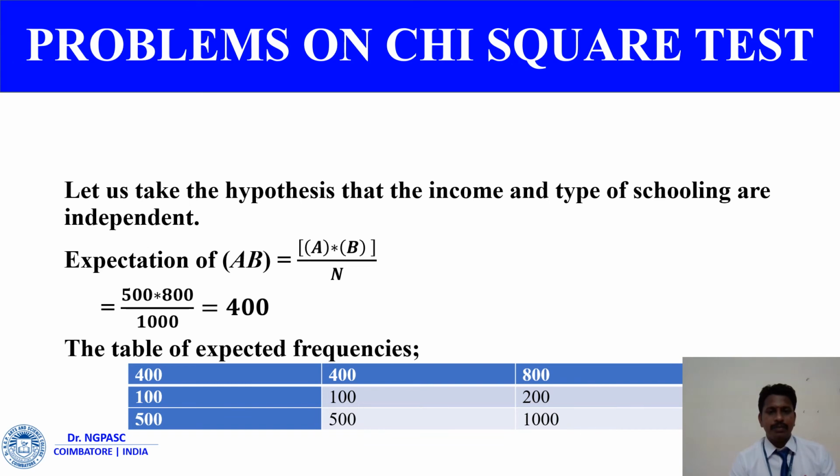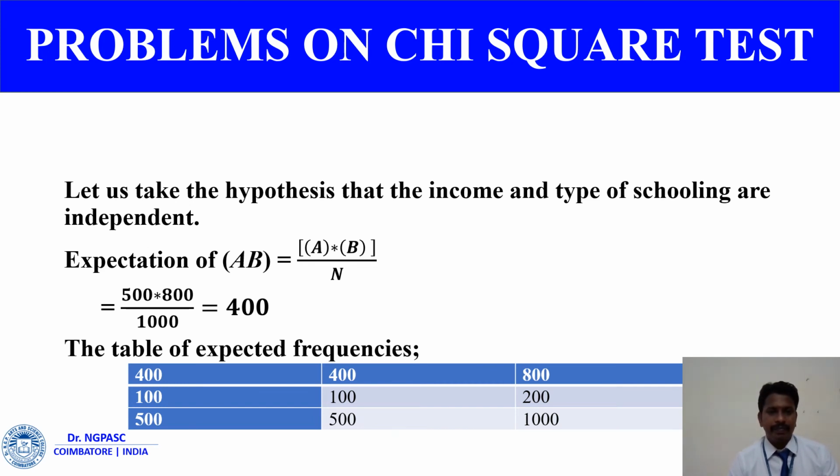Next, second entry, the corresponding column total 500, the corresponding row total 800: 500 into 800 divided by 1000, we get 400.